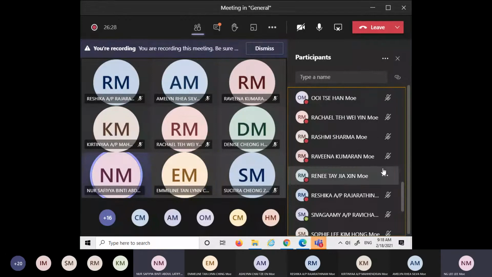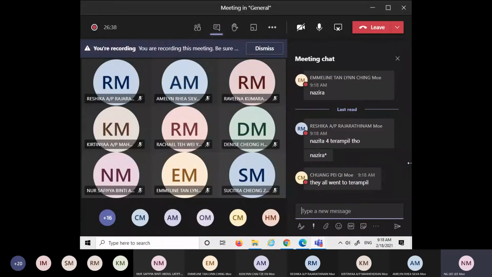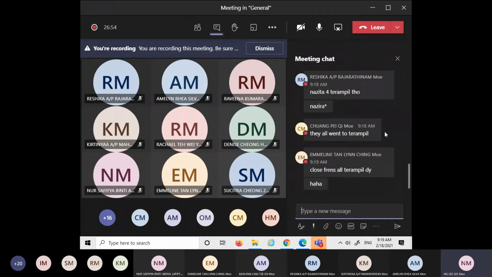She's in Trampil. Okay, other than that girl, don't give me a name not in your class. They all went to Trampil, that's why. So she's alone, nobody is friends with her, so she doesn't want to come to class. Close friends are all in Trampil already. Then we had to tell her to go to Trampil. You all should try to make friends with her, okay? Try to find out what happened to her. Second time already. Okay, never mind.